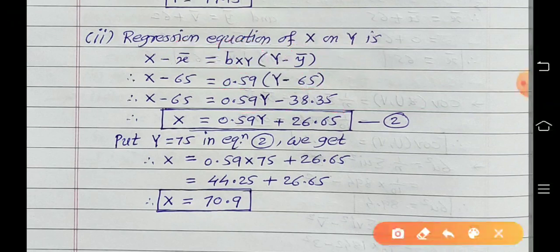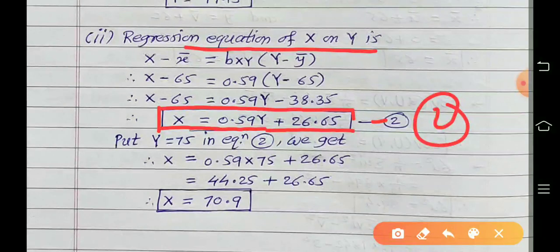Next, this minus 65 taking on the right hand side, then plus 65. So plus 65 minus 38.35. So we are getting the answer 26.65. Clear? And the first term remains as it is, that is 0.59y. So we are getting the regression equation of x on y is, so x is equal to 0.59y plus 26.65. This is equation number 2.